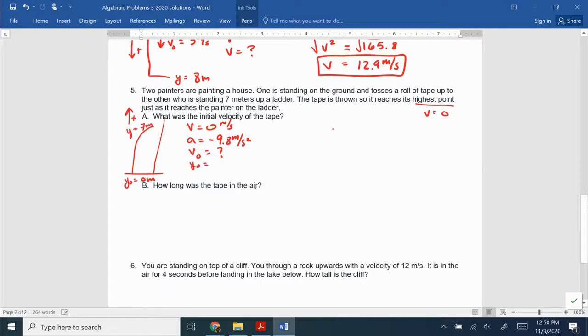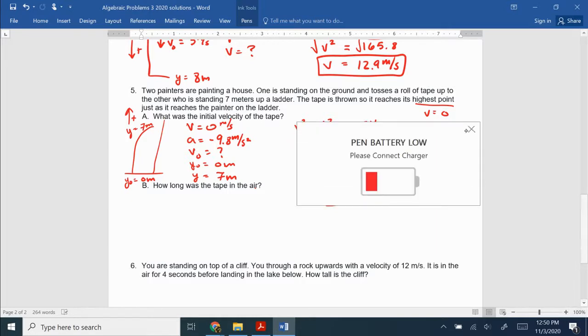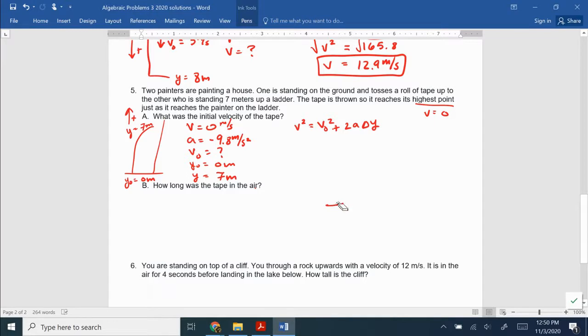So y naught is 0 meters, and y is equal to 7 meters. Looking at all the stuff, we're going to be looking at the Ringo equation again. Final velocity is 0, so 0 squared is equal to, oh, initial velocity is what I'm looking for.